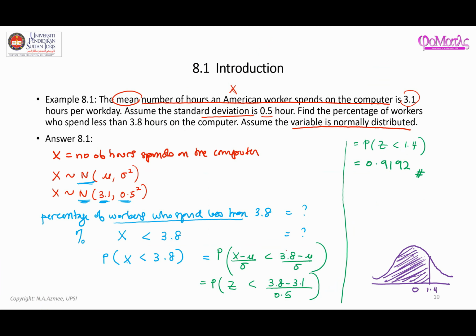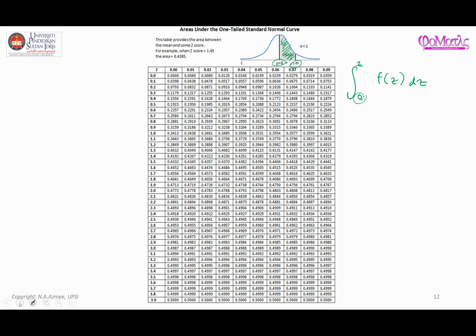On the other hand, if you want to use the second table, notice that in this second table, the result inside here is related to just this part, from 0 to some positive value. So our question is originally like this, 1.4.